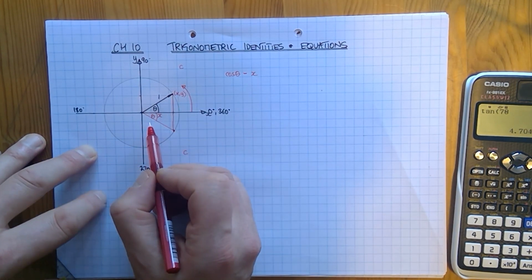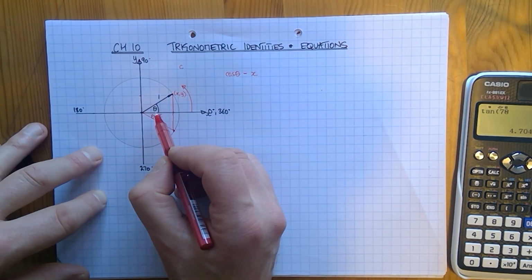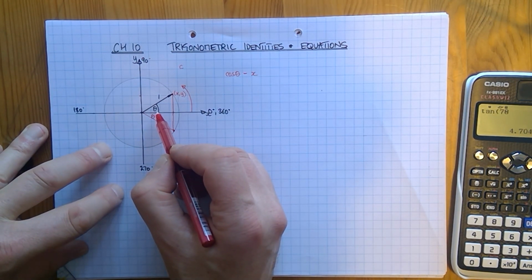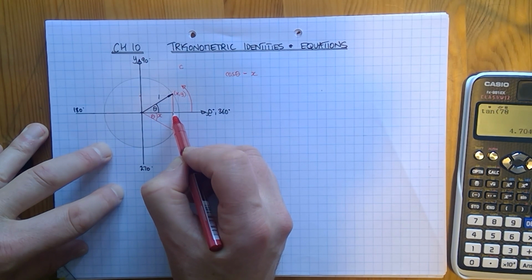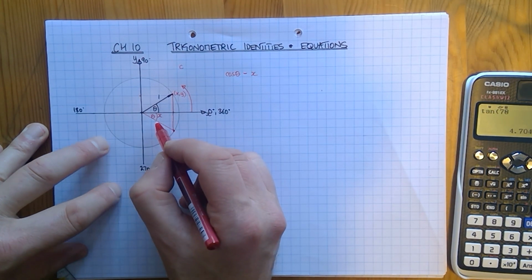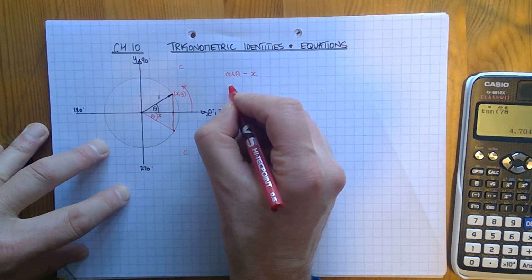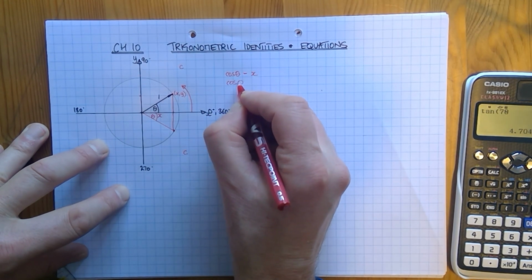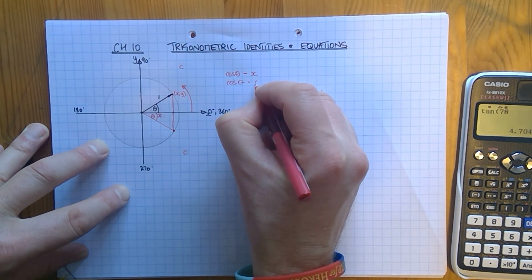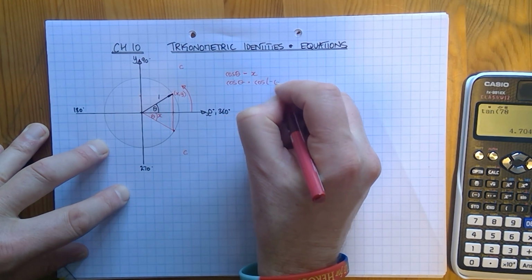So I can see that actually cos of theta gives me the same x value as cos of minus theta. So I can see from this diagram that cos of theta is the same as cos of minus theta.